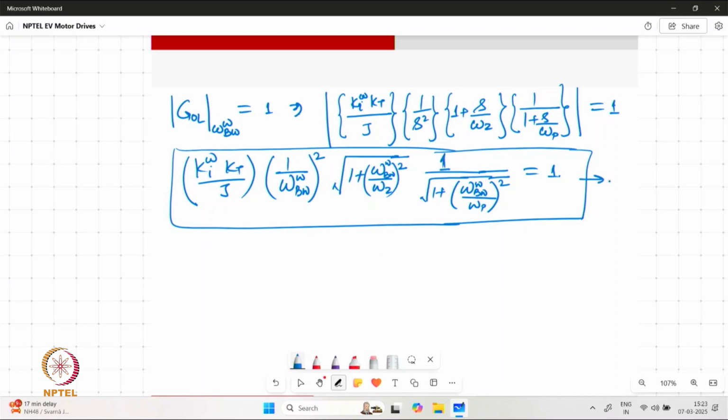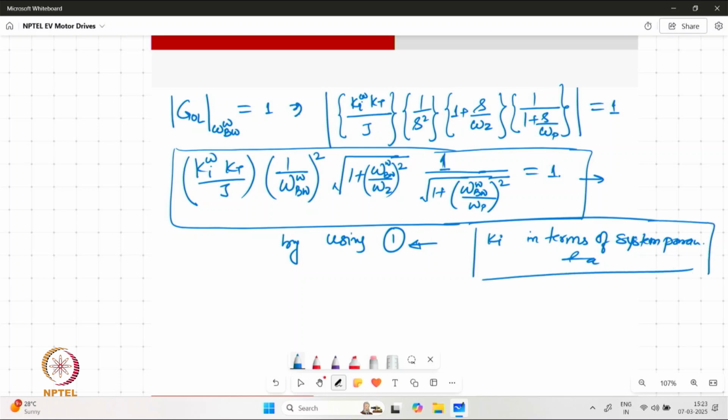So this equation can be simplified once again by using equation 1, and we can obtain the value of Ki in terms of system parameters and A. So this exercise is given to students and the candidates for solving it and getting the exact value. It's a simple exercise to be done, and we can move further with the implementation part for the controller.